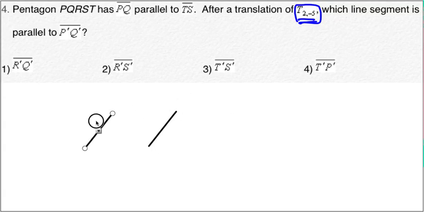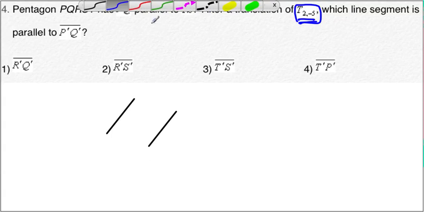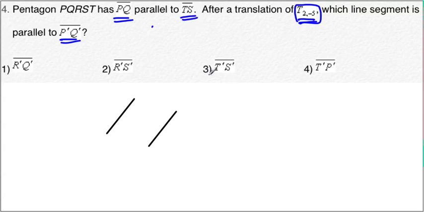It will always be parallel, no matter where I put it, with the original given statement. So the fact that we are looking for something parallel to P prime Q prime, but we realized that here PQ was originally parallel to TS. So therefore, P prime Q prime must be parallel to T prime S prime.